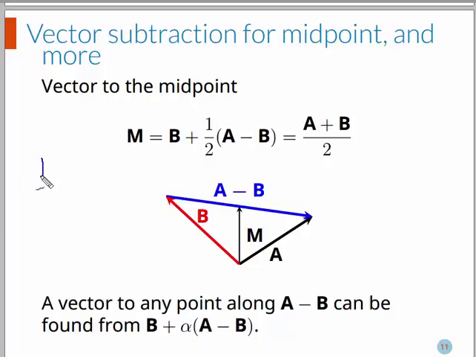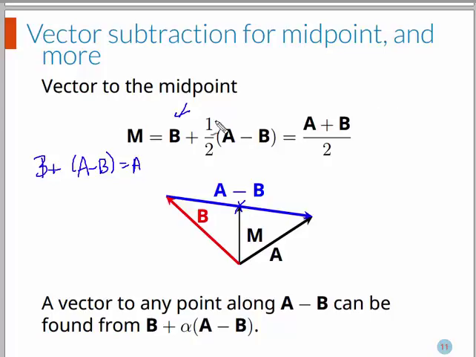We said that B plus A minus B is equal to A. Now we can ask the question, what is the midpoint between B and A? Well, that means we would have B, and instead of going all the way to A, we only go halfway there. So that gives me an equation here, B plus half of A minus B. Work through that, and you get A plus B over 2, which seems very reasonable if you wanted the midpoint.